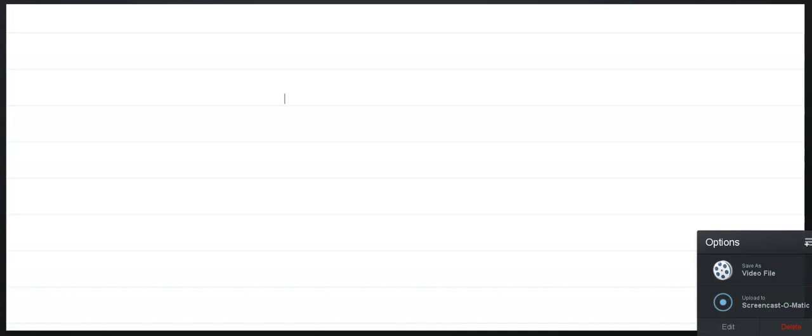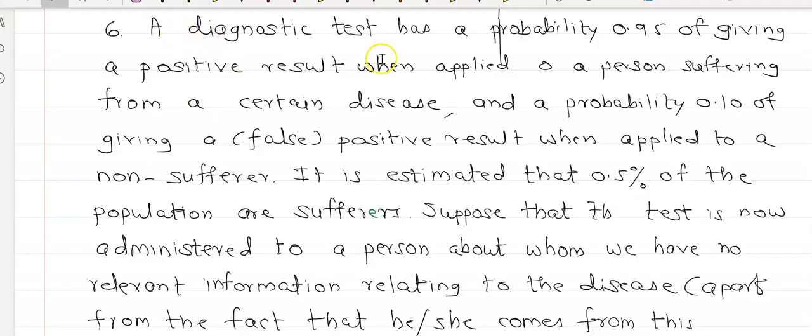Again, see the same problem. A diagnostic test has a probability of 0.95 of giving a positive result when applied to a person suffering from a certain disease, and a probability of 0.10 of giving a positive result when applied to a non-sufferer. It is estimated that 0.5% of the population are sufferers.